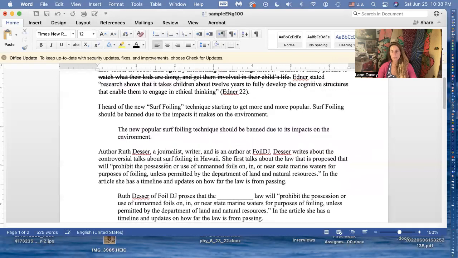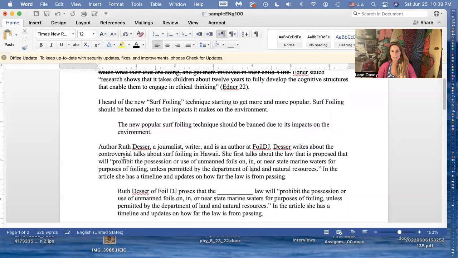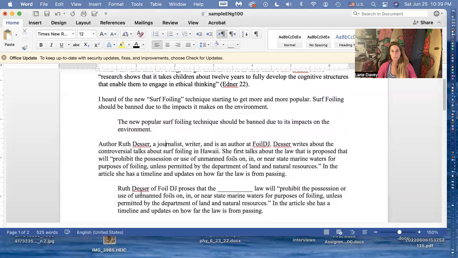I cannot even figure out what this person is talking about because it's so redundant. Desser writes about, talks about, and talks about. That's not even two sentences. So I rephrased it here. Ruth Desser of Foil DJ. So we just got rid of all of that. It's gone.